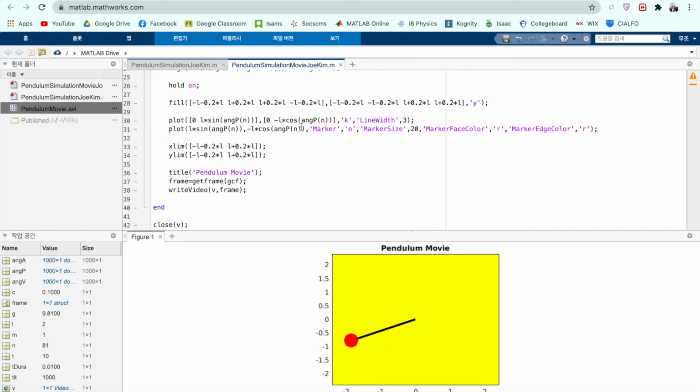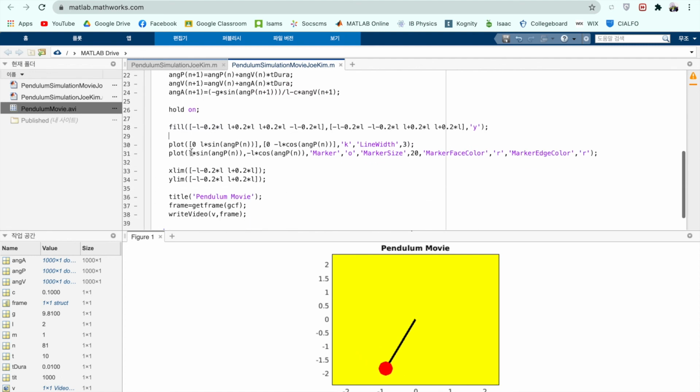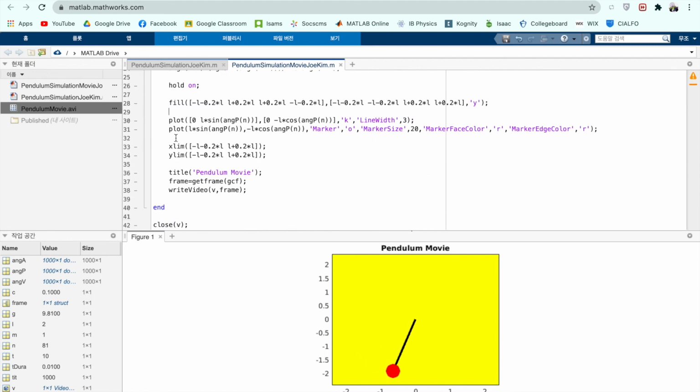So I would have to run this for, it's not going to be 10 seconds, although it theoretically has to be, because there is compiling time, and that takes quite a long time. And so after about 30 seconds, I'm going to stop, or when this pendulum here stops, I'm going to download this file and see how it looks on the video. So I'll come back when it has stopped.